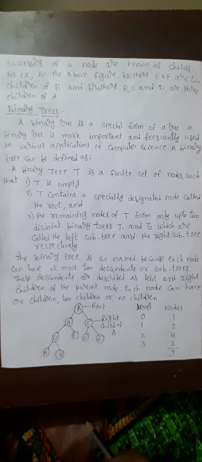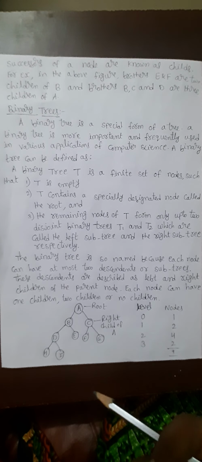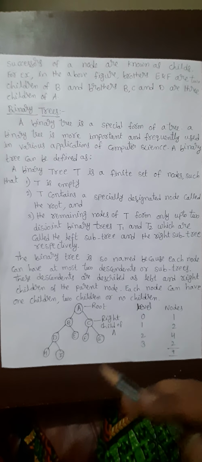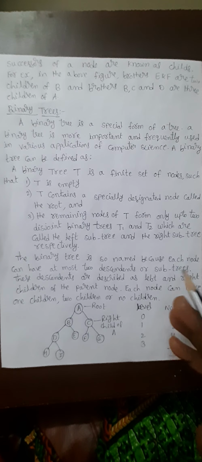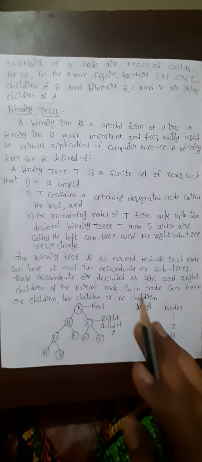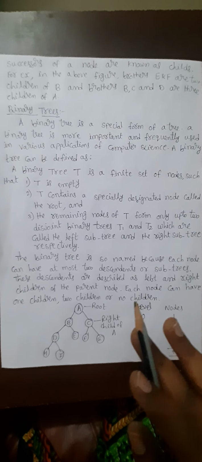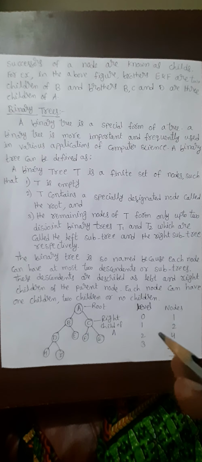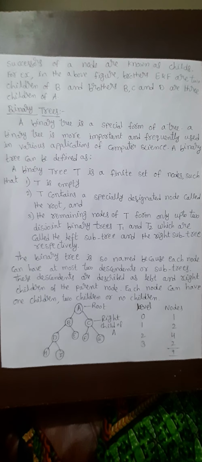A binary tree T is a finite set of nodes such that T is empty, or T contains a specially designated node called the root, and the remaining nodes of the tree form up to two disjoint binary trees, that is T1 and T2, which are called the left subtree and the right subtree respectively.